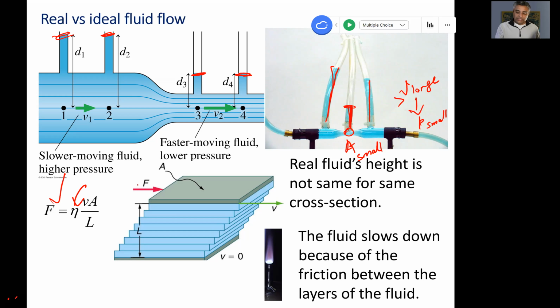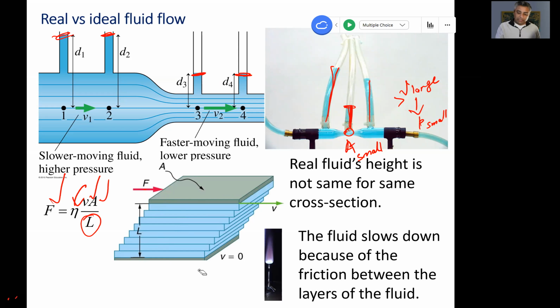This is the force you need to keep that thing flowing, and that's the force you saw in the Bernoulli equation from where we got the pressure, okay? And this is speed, this is the upper area of these layers, and this L is how far it is.